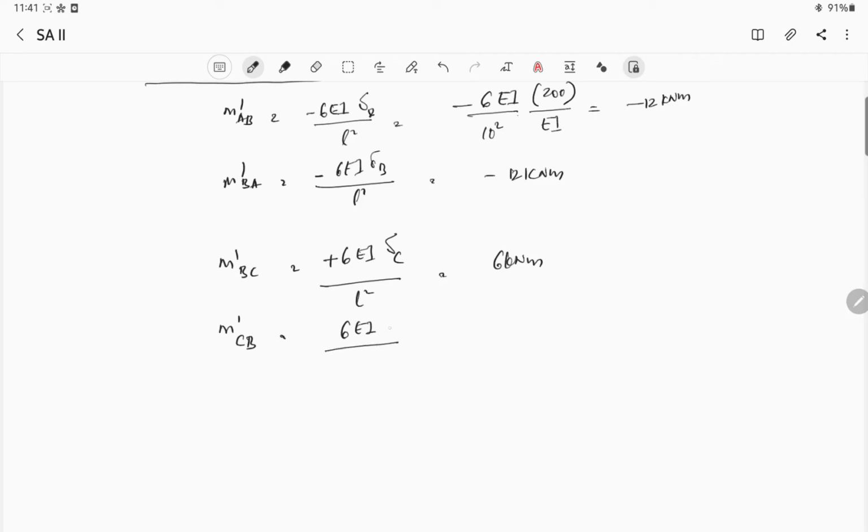So 6EI delta C by L square, you will get 6 kilonewton meter. Okay. M dash CB, M dash AB, all are completed. So finally, unknown moments we can calculate with the help of these values.